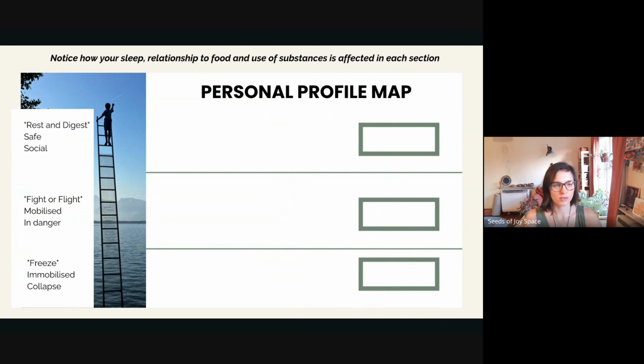So take a few moments there, and in this box, this is to use a color. If there is a color that you associate with this state, you can use a marker or a colored pencil.